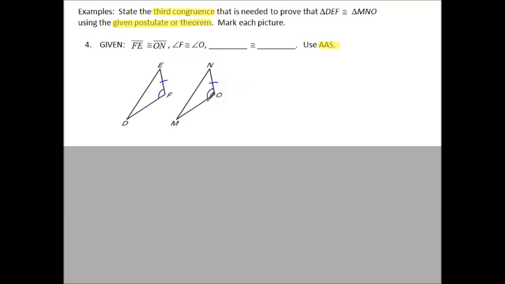In other words, we need 2 angles and a side, but the side is not included. The side is not included between the 2 angles, so we cannot use angle E and N. Well, that leaves us with angle D has to be congruent to angle M. Angle D needs to be congruent to angle M.